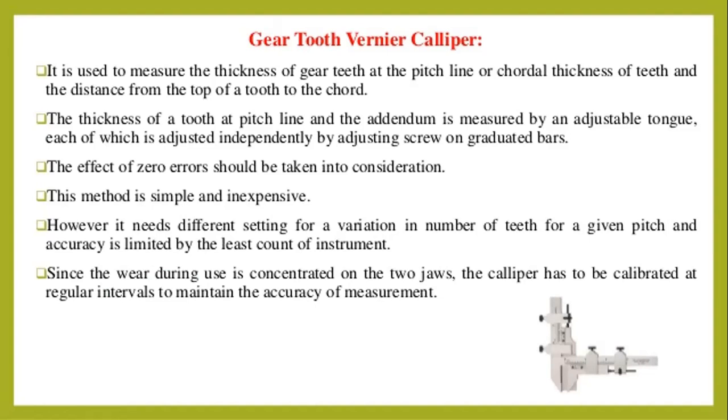The effect of zero error should be taken into consideration. Here we are going to take the adjusting screw with the adjustable tongue, which is used to measure the addendum and the thickness of the tooth.